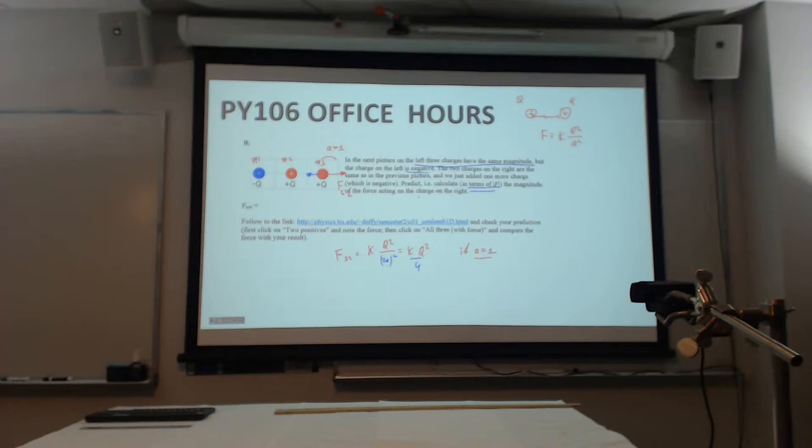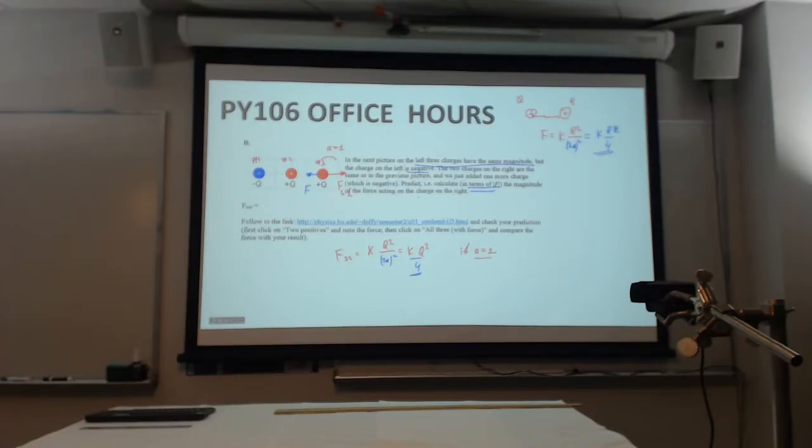So F was, actually in this case it's also 2A squared. So K Q squared over 4. Same as this one. But now you are adding another charge, so it's being attracted to the left.